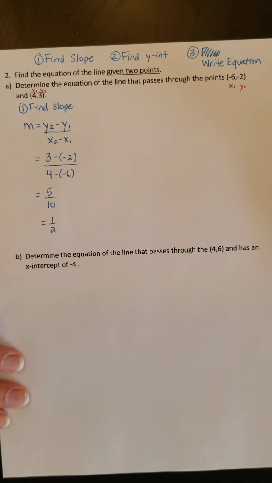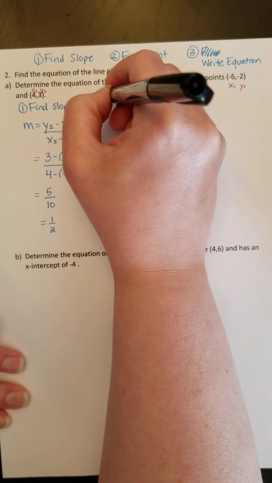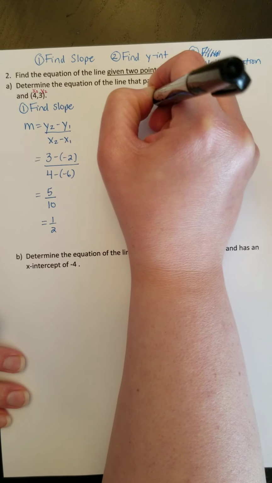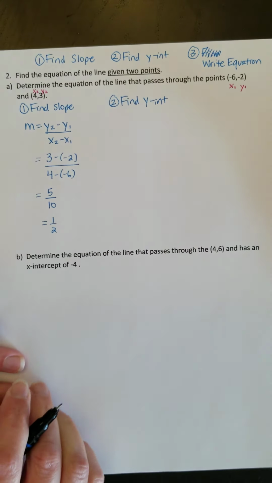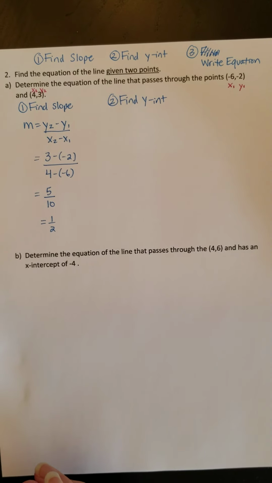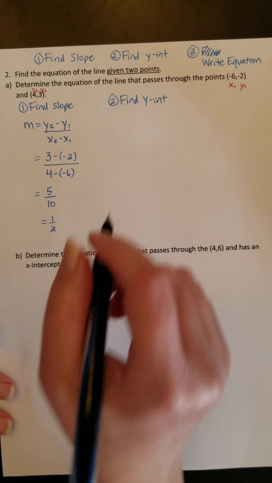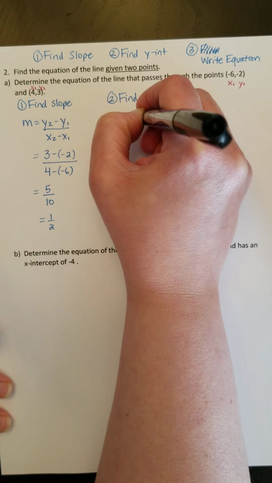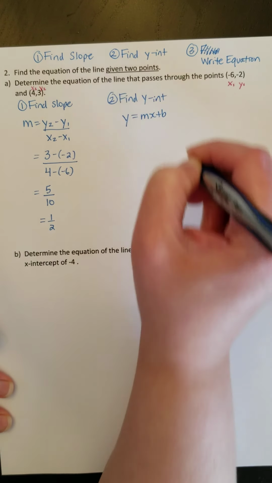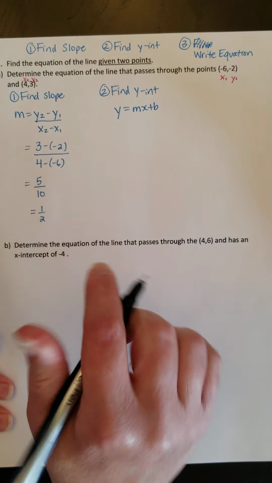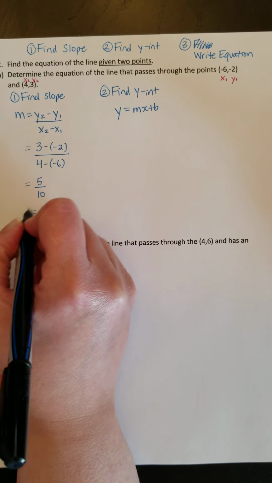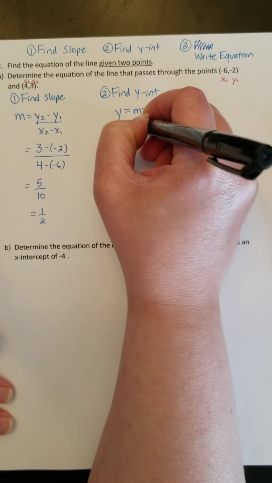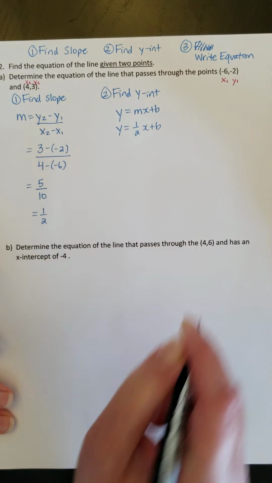Your next step is to find your y-intercept. And this step is going to be the same here as it was in the previous questions. So we're going to find the y-intercept using the y equals mx plus b. We will have the slope is 1/2. So 1/2 x plus b.